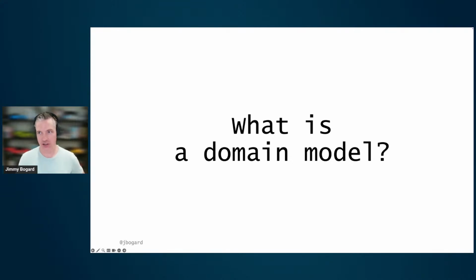The first time I was introduced to this idea of a domain model was Martin Fowler's Patterns of Enterprise Application Architecture book. It described a domain model as an object model of the domain, so it is object-oriented, that incorporates both behavior and data. And that's the key thing here: it's not just the data.